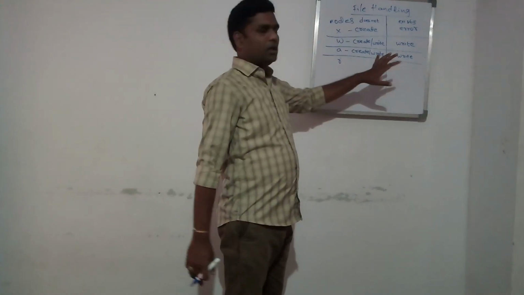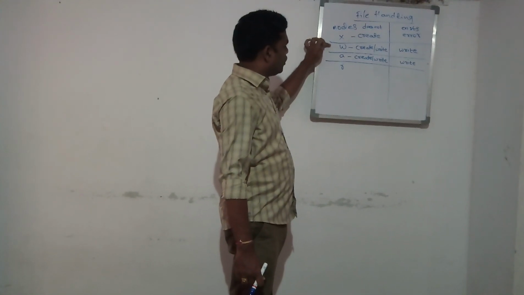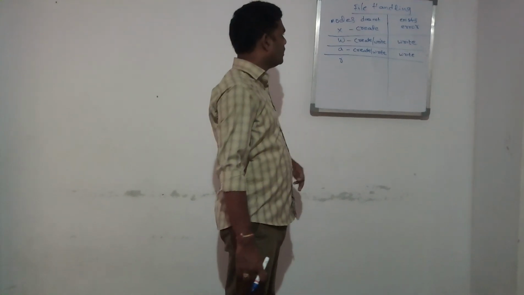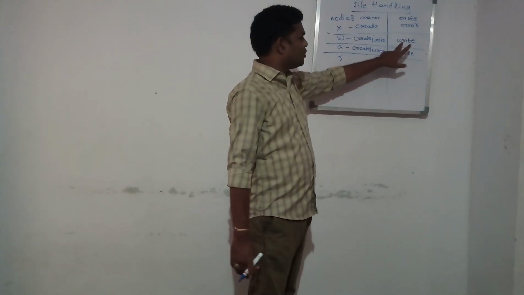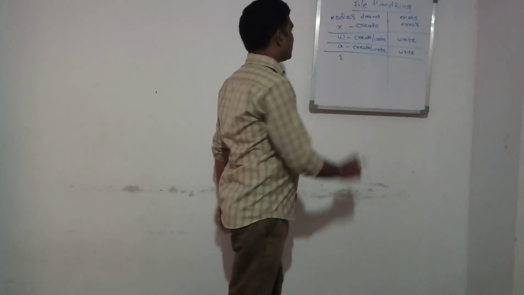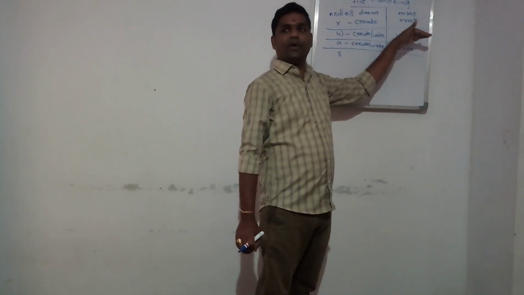Now you may have one doubt: what is the difference between W mode and A mode? W mode is the write mode and A mode is the append mode. Both modes do the same job, called writing. But here is the difference. The write mode will write the data when the file is empty.